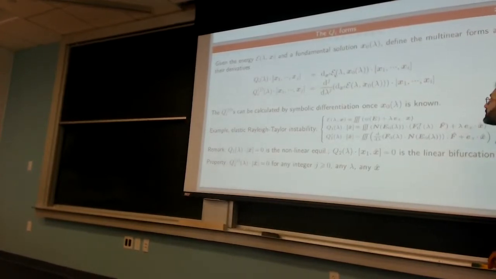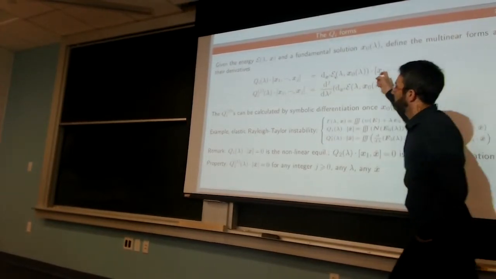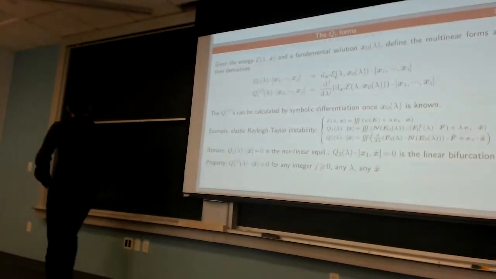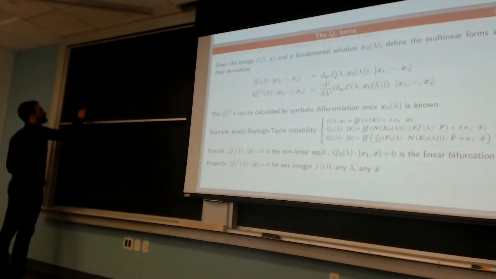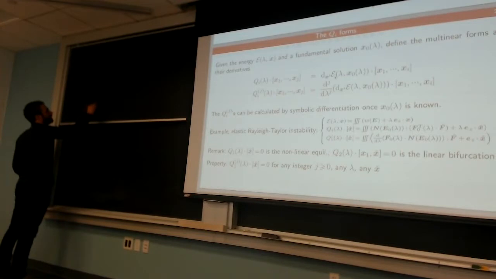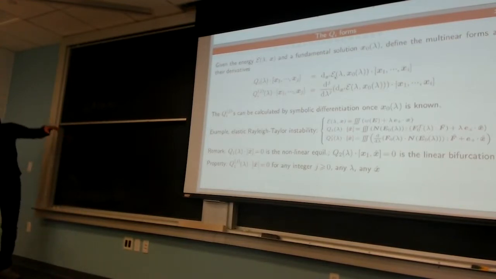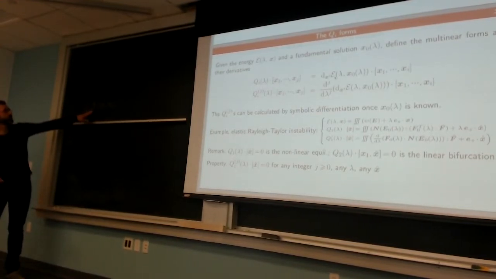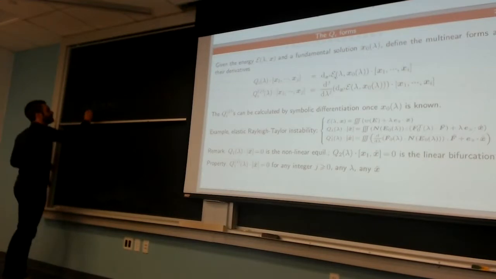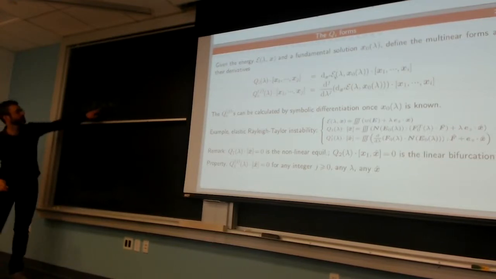And maybe I should also explain again this notation. So let's take the second variation, for instance. Again, you'll see on examples, the second variation depends, implicitly, on the load and where you are, and it also takes two increments.